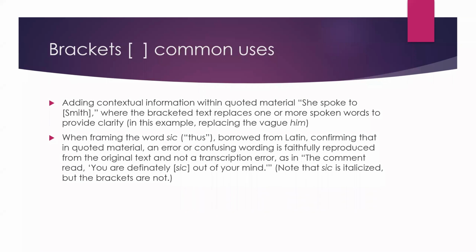For example, this is the first example. She spoke to Smith, where the bracketed text replaces one or more spoken words to provide clarity. In this example, I think something is missing here. This one should be, she spoke to him. Okay, I think him is missing here. So she spoke to him, and then that's the end of the quote. You, as someone who's trying to clarify who him is, can add the name of that person between the brackets here.